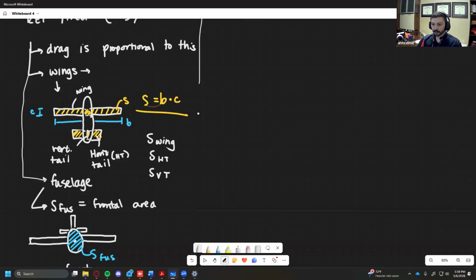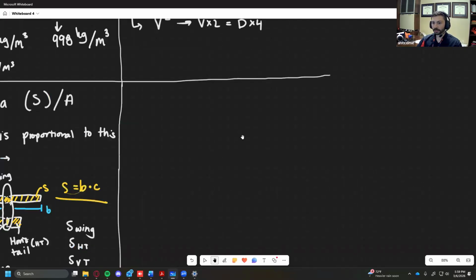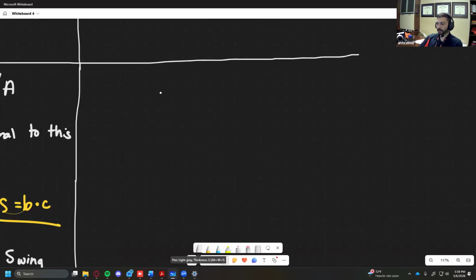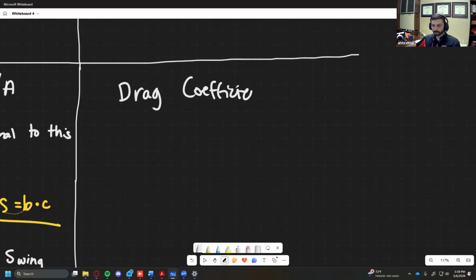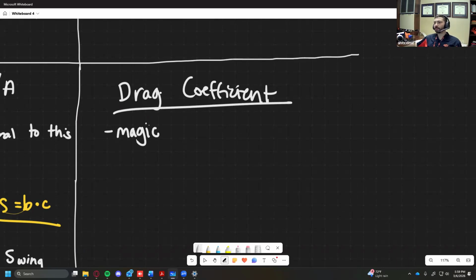Okay, so let me talk about now the last component, which is drag coefficient. And this one I think is kind of funny. So drag coefficient, I call this the magic. This is what we don't know. This is what we don't truly understand, why this is what it is.